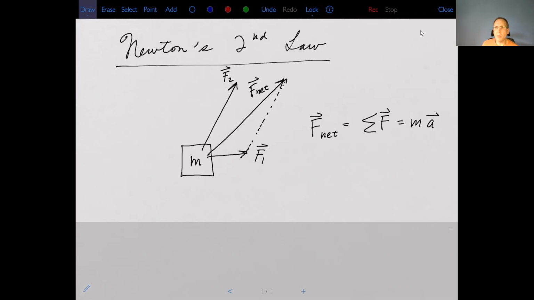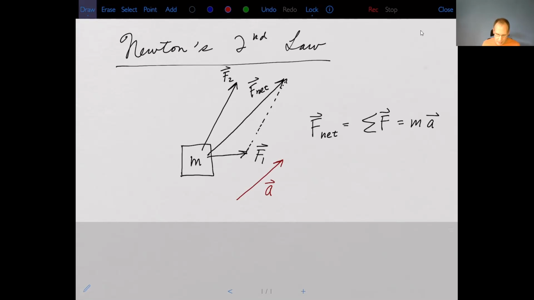So they're going to point in exactly the same direction. So in this case, this mass is going to accelerate in this direction, the same as the net force. That net force will cause that mass to accelerate in the same direction that the net force is in.